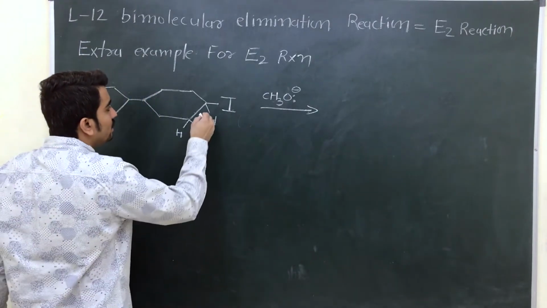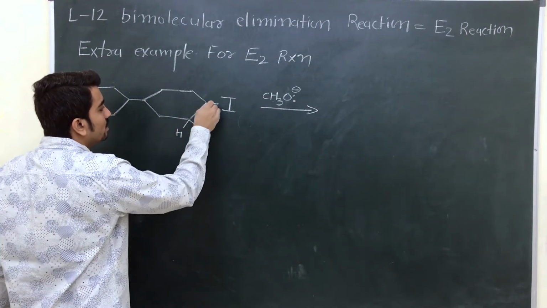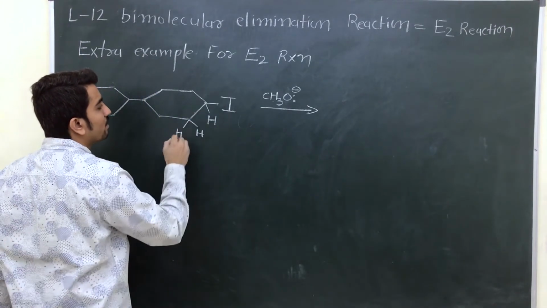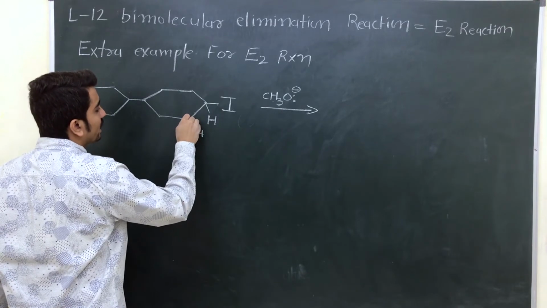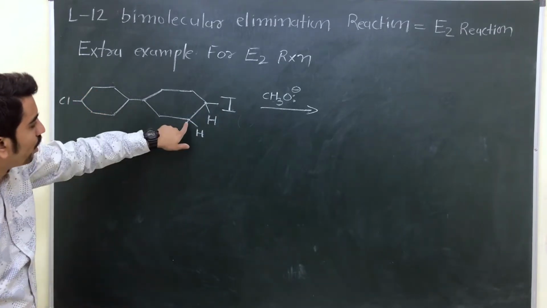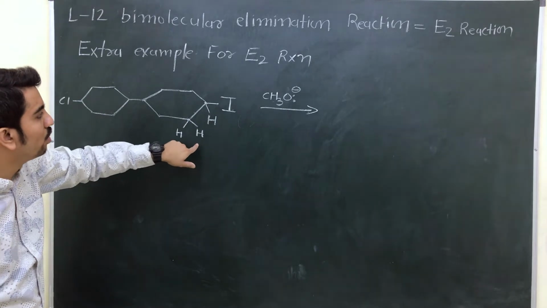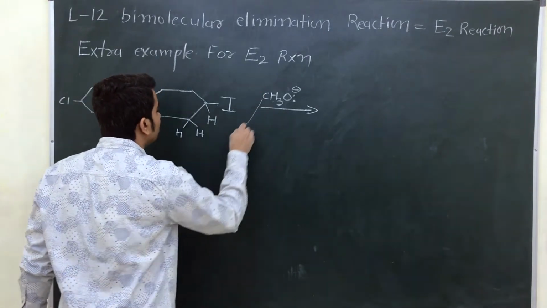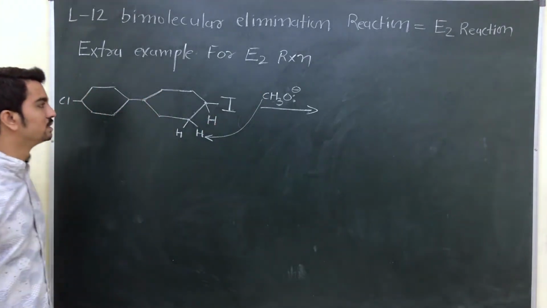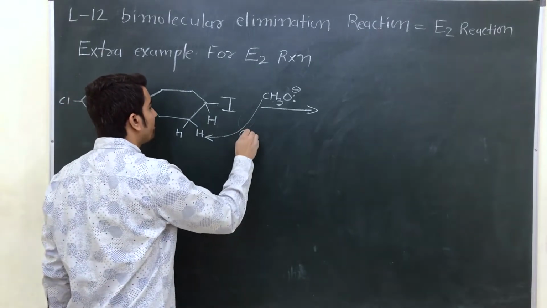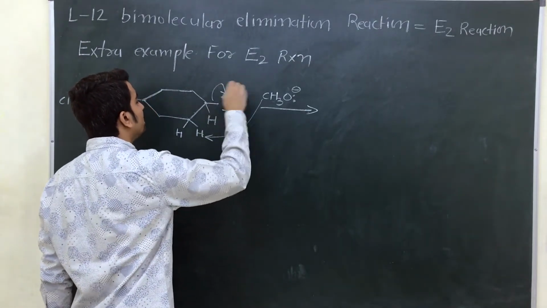That means next to the halogen is the first carbon, then after that there is a second carbon. So from this carbon, one hydrogen is going to be attacked by this base. This is step 1. Iodine is going to take the pair.